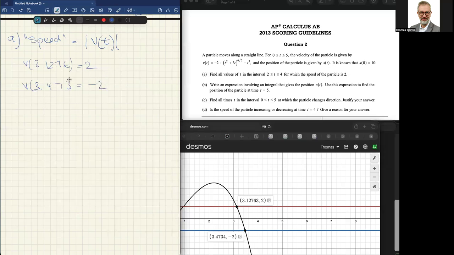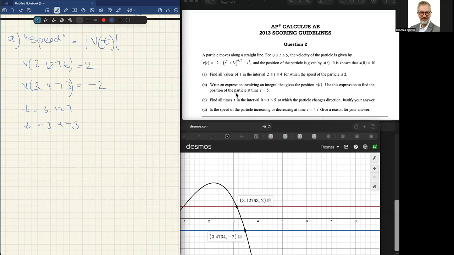So the two times that we're interested in are t equals 3.127 and t equals 3.473. There you go. Okay, that's A.